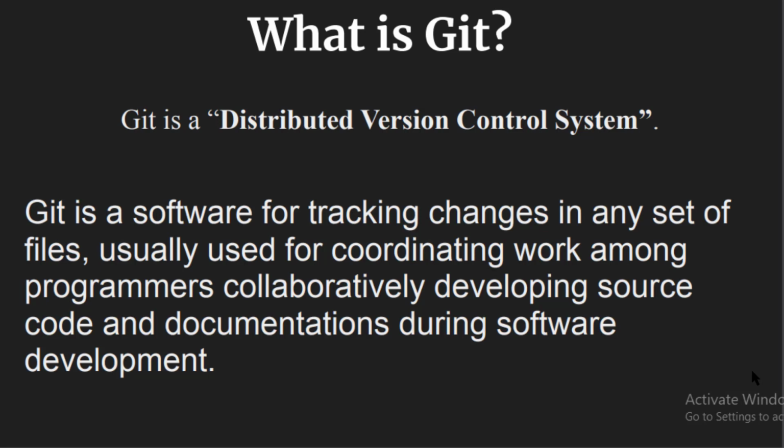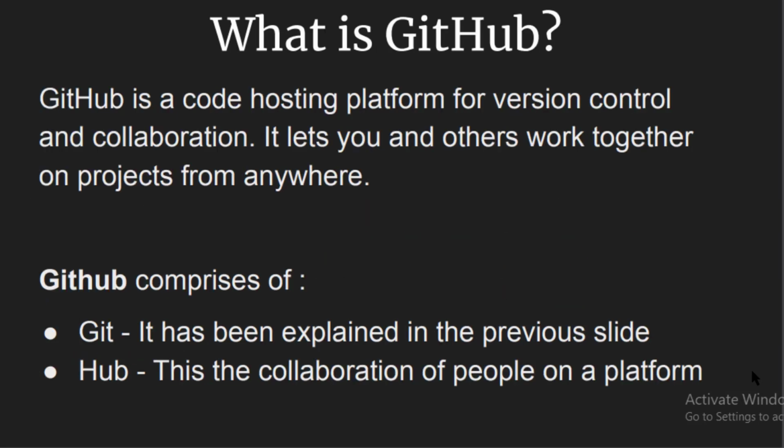Next, what is GitHub? GitHub is a code hosting platform for version control and collaboration. It lets you and others work together on projects from anywhere. For easy understanding of what GitHub is, I broke it into smaller parts. If we look at it closely, we can see that GitHub is the merging of two different words, Git and Hub.